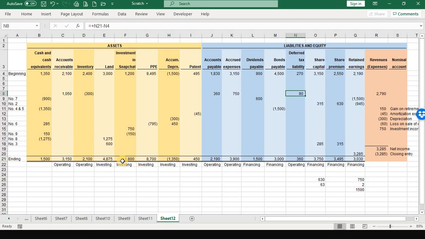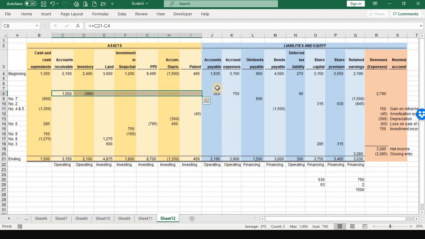Now we're done with the accounts related to the operating activities. After this, let's maintain the equality of the accounting equation. So on the right side, we have a total of 3,990. And on the left side, we only have two figures, and that is 750.